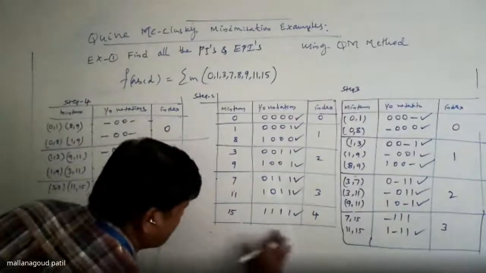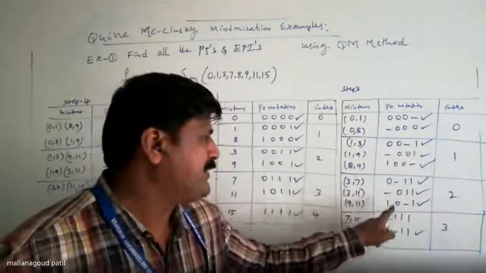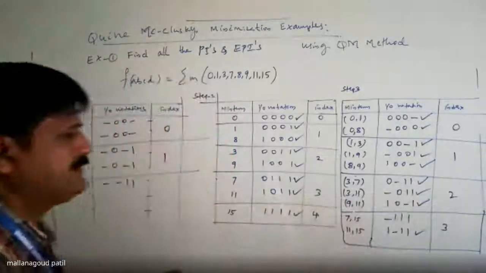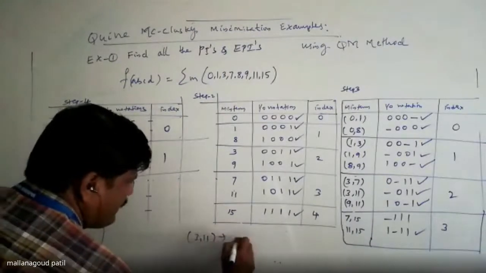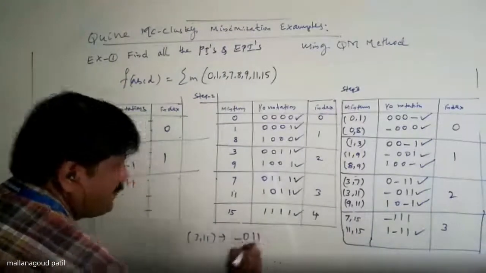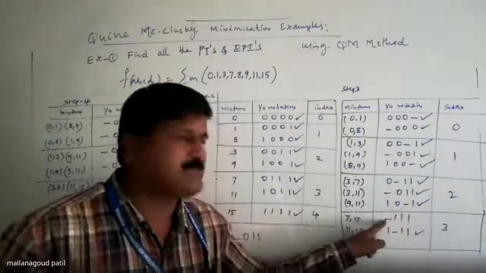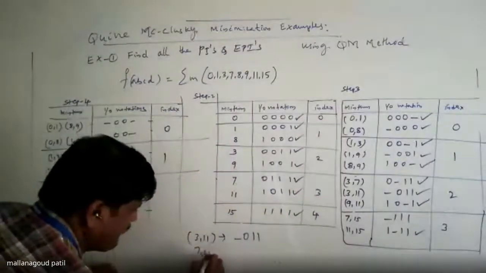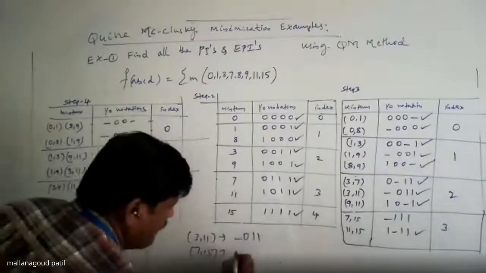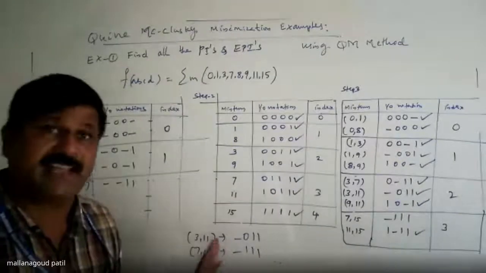Similarly, you can check with the second minterm in index 2. What is the second minterm? Dash 0, 1, 1, that is 3, 11. Is there anyone in index 3 with the first bit dash? Yes, 7, 15 is there. 7, 15 representation will be dash 1 1 1. Are these two logically adjacent? Yes.